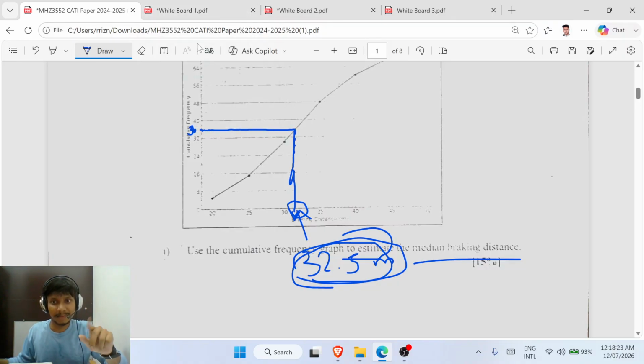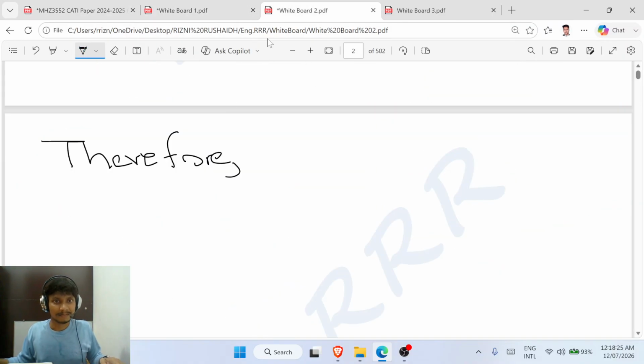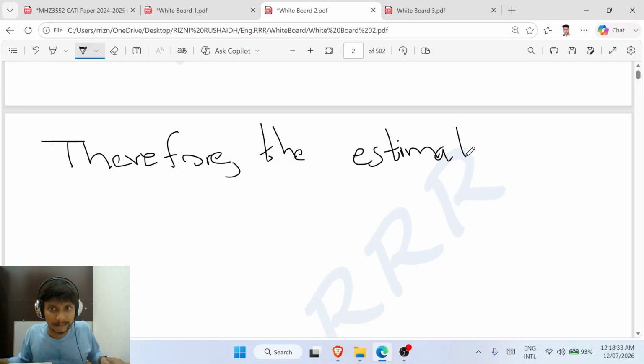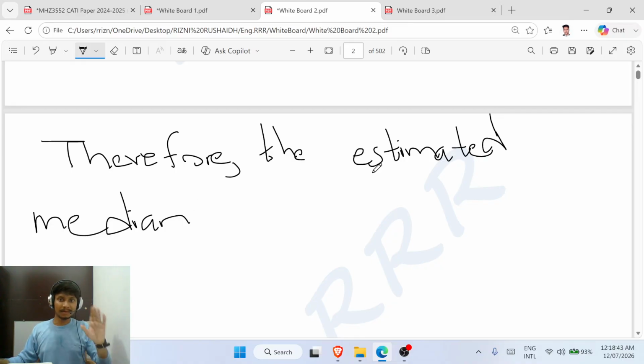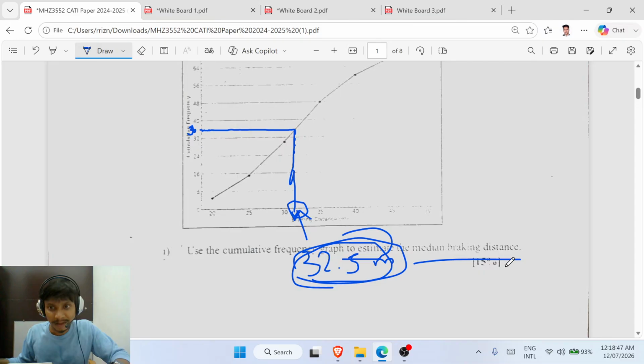Therefore, the estimated median braking distance.